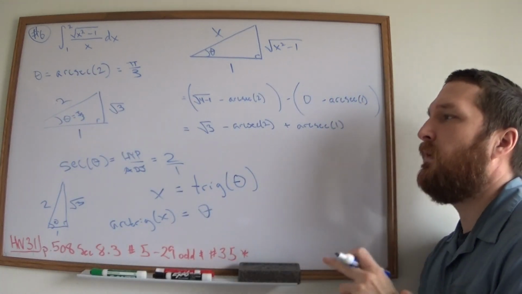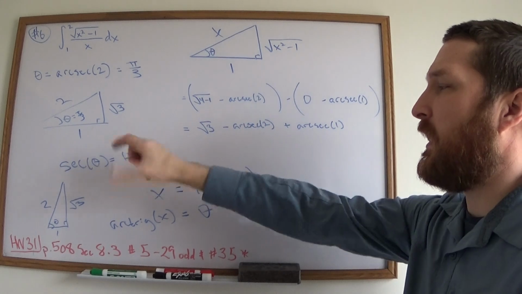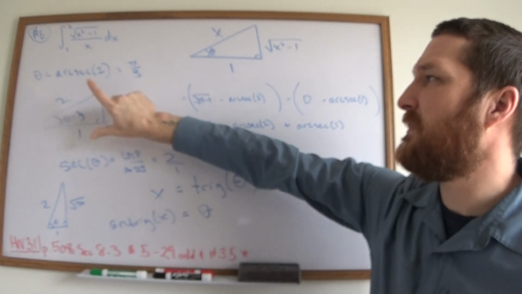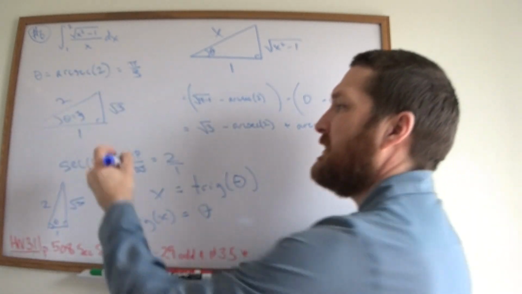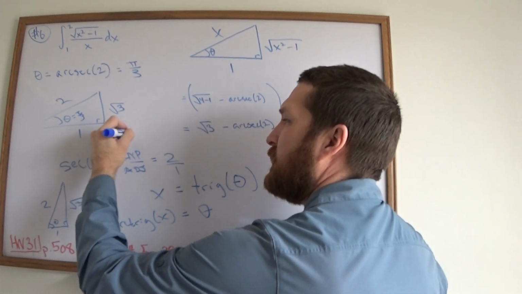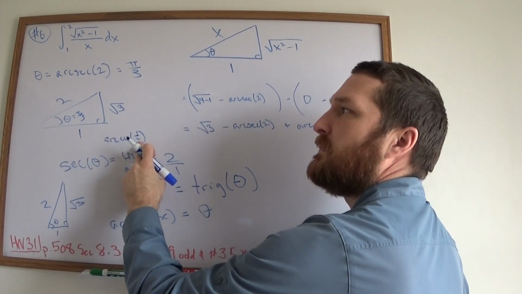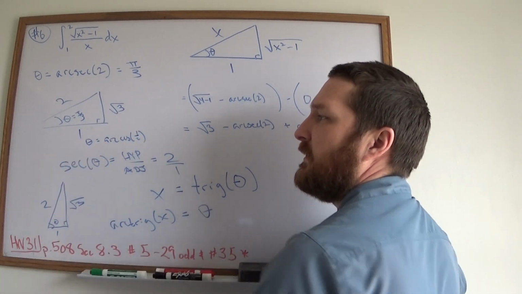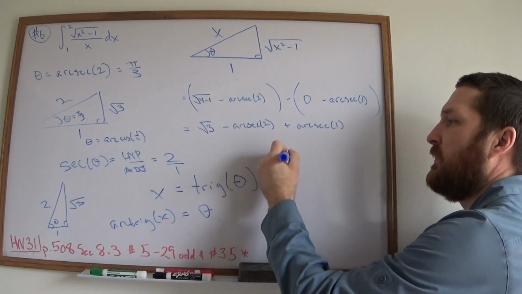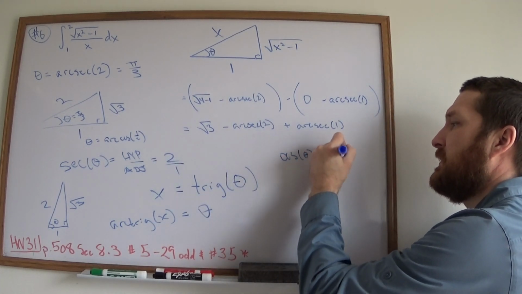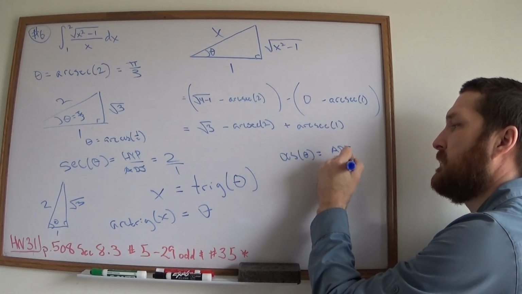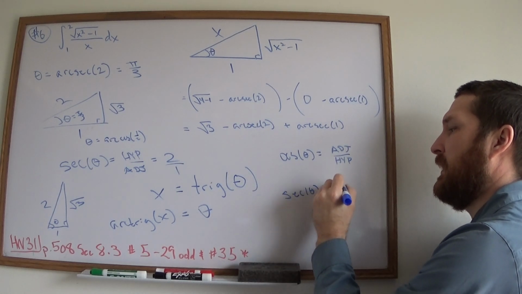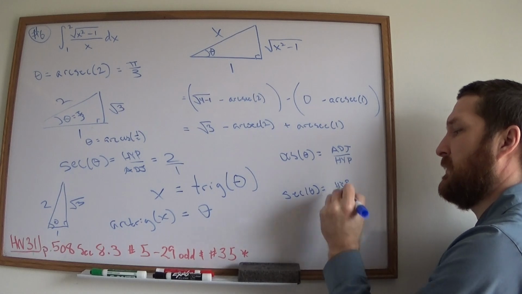Okay? Another way you could think about it is, well, hold up. Arc secant, it's the same as if I flipped this. Arc secant 2 equals theta is the same thing as my arc cos being whatever that is flipped, right? Because if cosine theta is adjacent over hypotenuse, then secant theta is hypotenuse over adjacent.